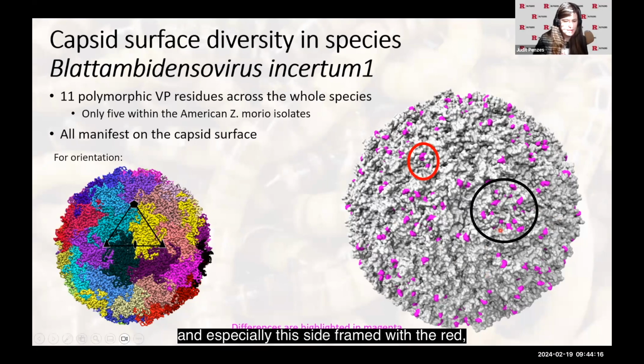And especially this site framed with the red was really interesting to us because this region in Junonia coenia densovirus, which infects a Lepidopteran moth, was shown to be the region that is responsible for midgut transcytosis.